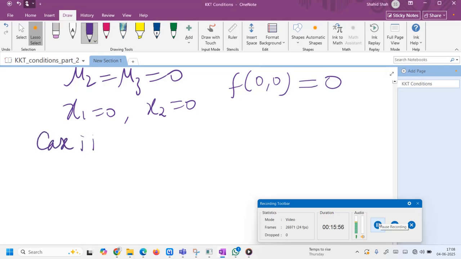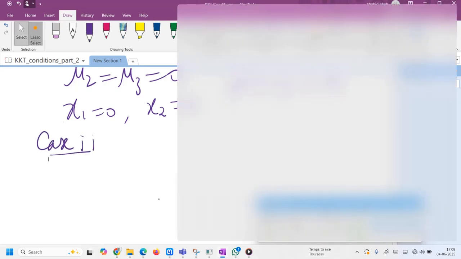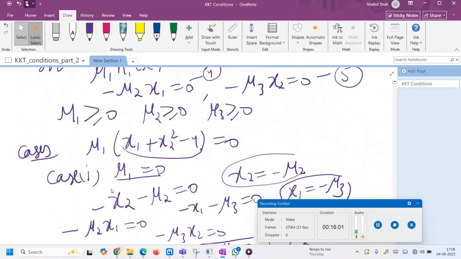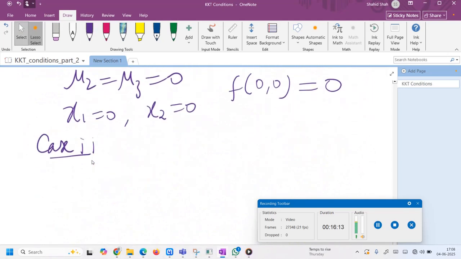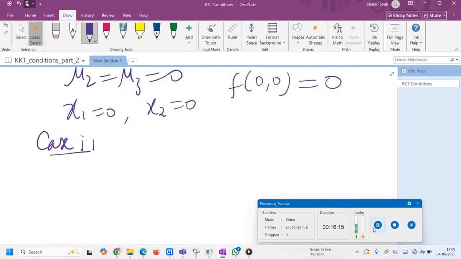In case 2, just check what was case 1. You assume that in this equation, mu1 times x1 plus x2 square minus 2, we assume either mu1 is 0 or this is 0. So case 1 is mu1 is 0. Now let's say case 2 is that this quantity x1 plus x2 square minus 2 is 0.